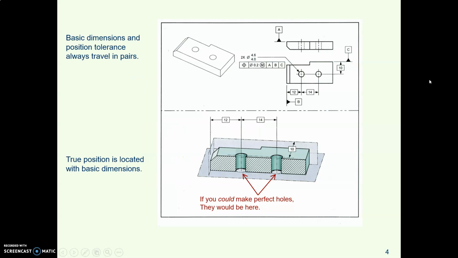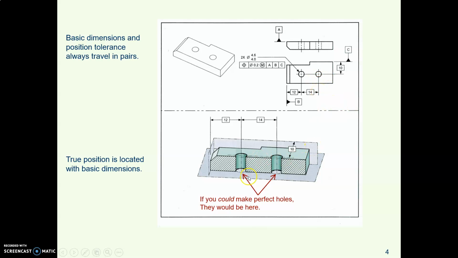For example, when we put a position control on a drawing, we locate the holes that we got the position thing on with basic dimensions. So what that means is there's this theoretically exact perfect location of those holes.